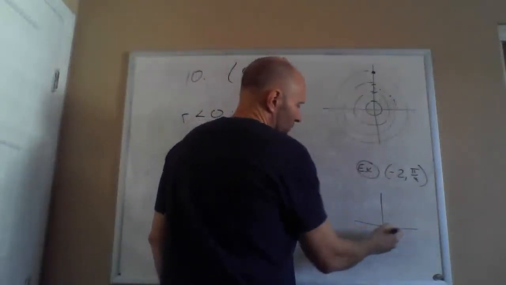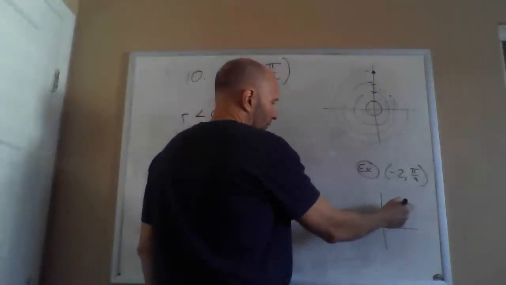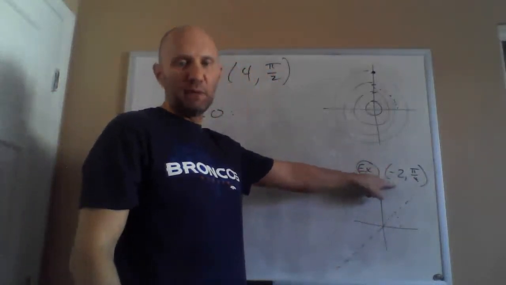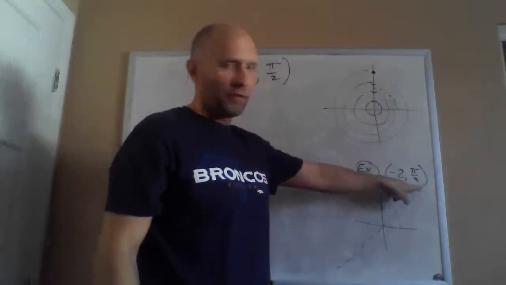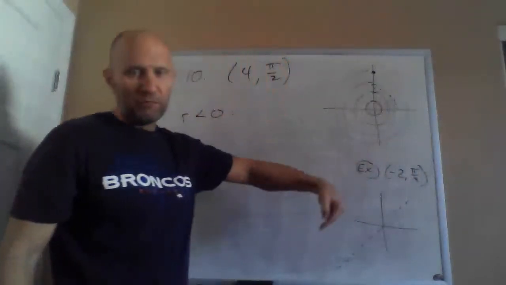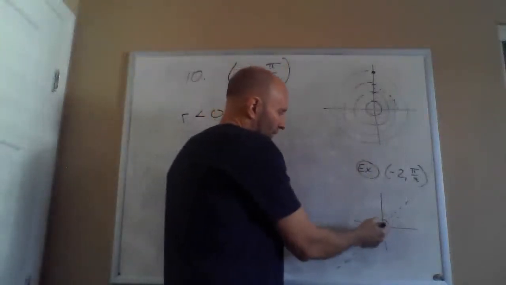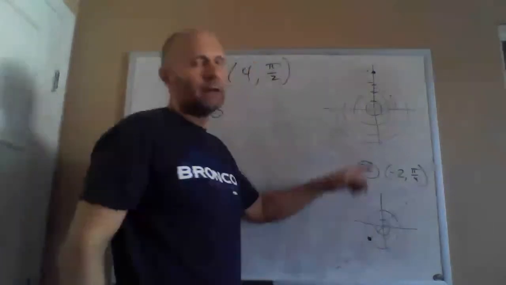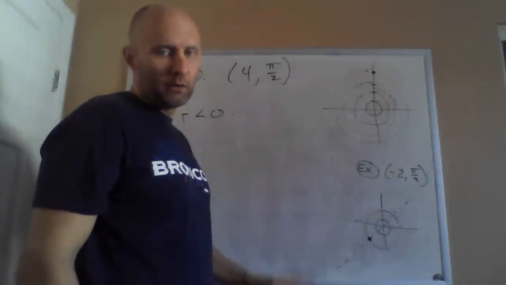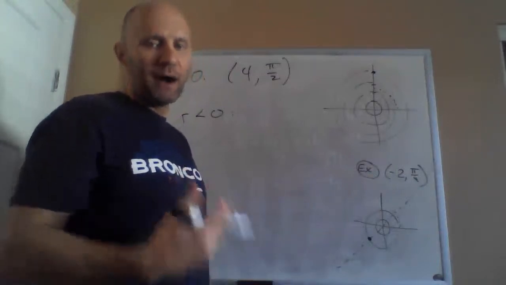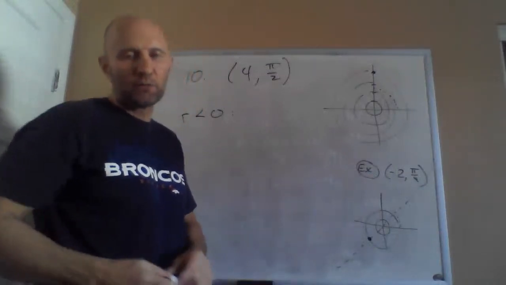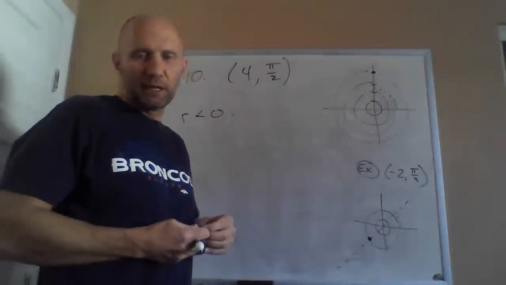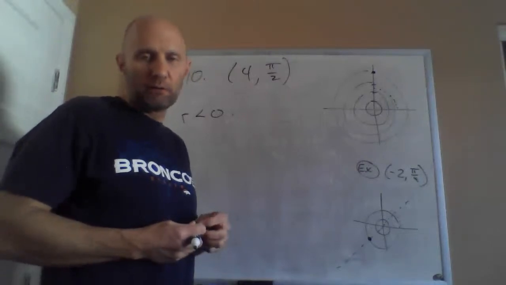The first thing I do is move to pi over 4, which is this 45-degree line. But the negative means I don't move in the direction of pi over 4. I move the opposite way. So if I have my circles here, I'm moving 2 units down into quadrant 3, not into quadrant 1. Does that make sense to everybody, what the negative r means to us? And if not, hit the exclamation point so I know to explain it again.